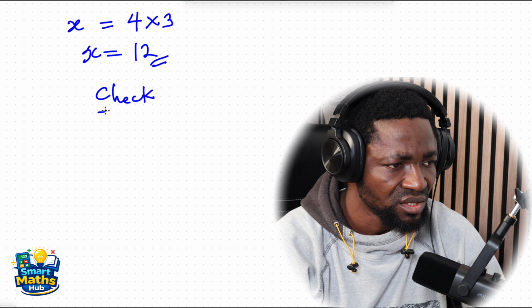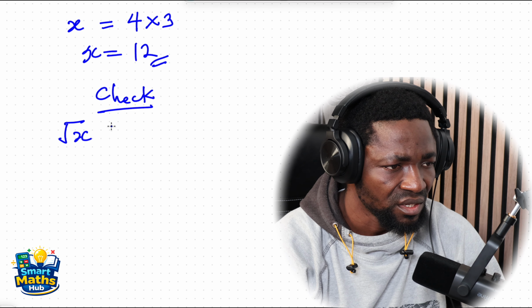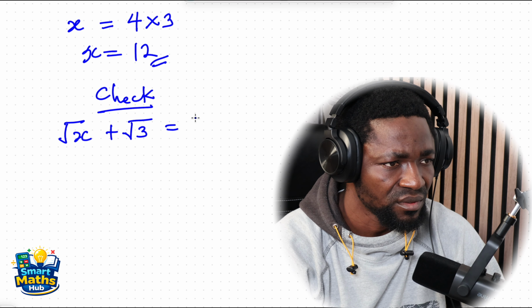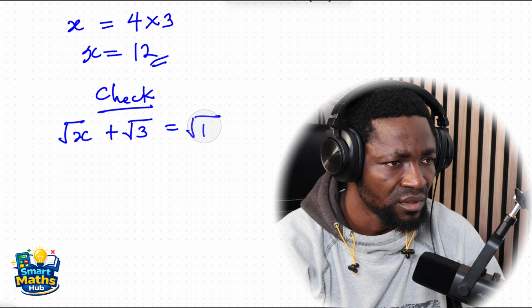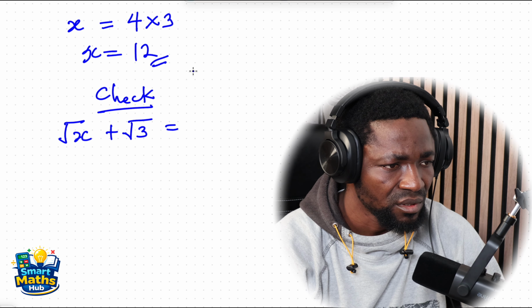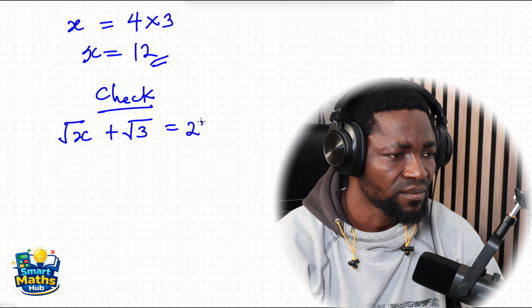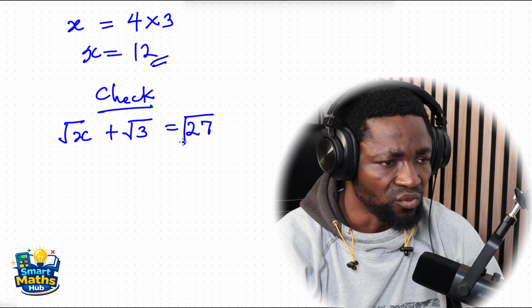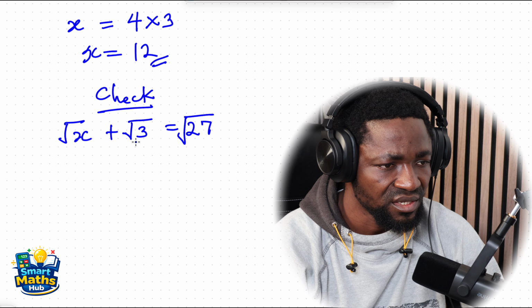The question is square root of x plus square root of 3 equals square root of 27. So what's the value of x?